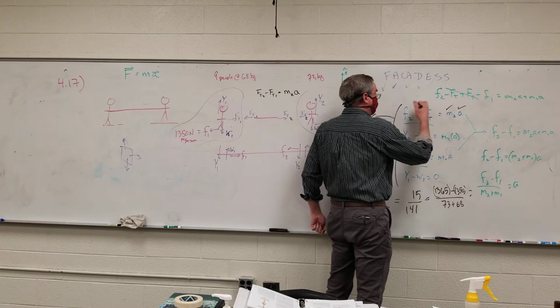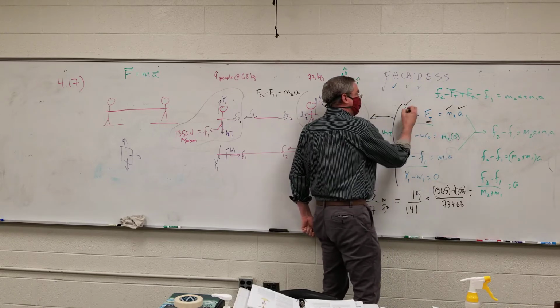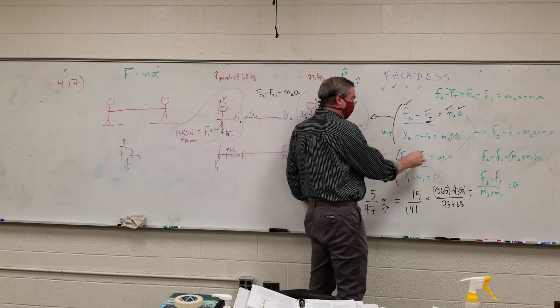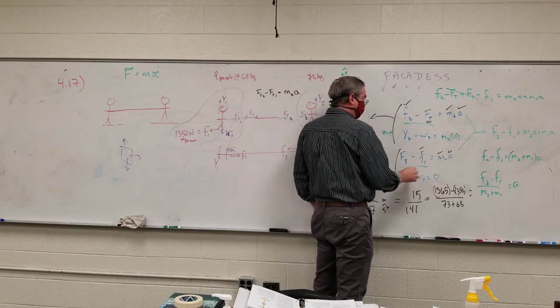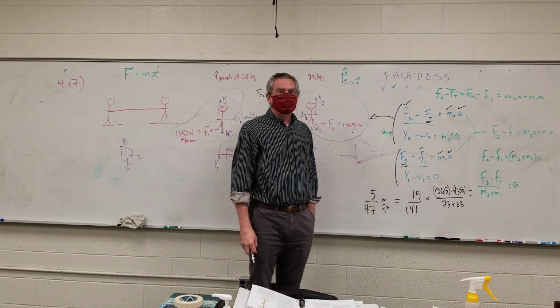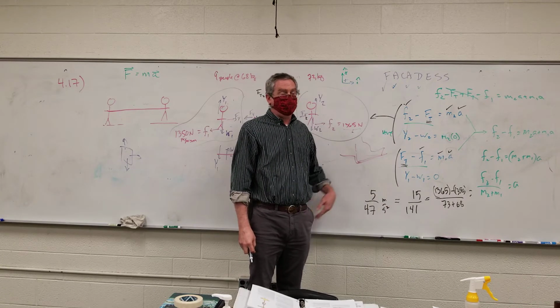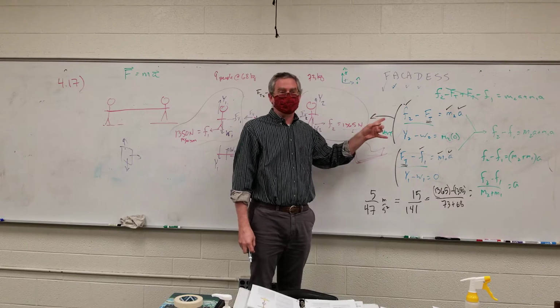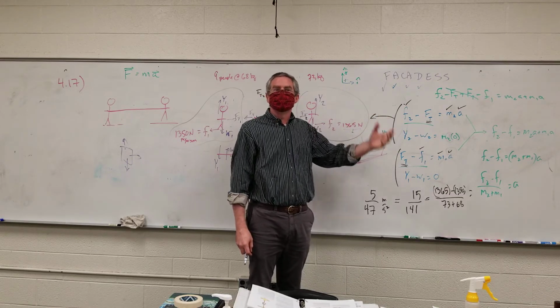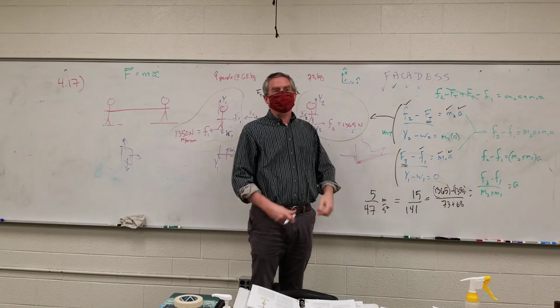They give us the mass, they give us the force. Tension is the only unknown. Or we could come down here. We know that, that, and that. Solve for it here. We could do it both places, and if we get the same answer, we should feel pretty good. If we get different answers, then that's up to you what you do next.